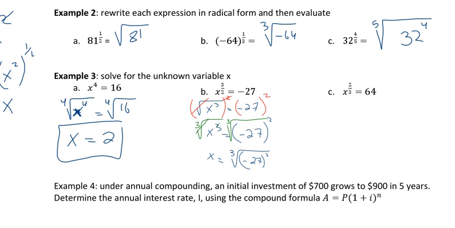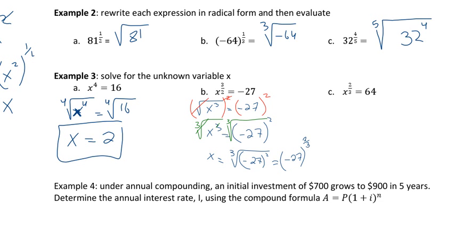Yes? Now, my question to you, can you write the cube root of negative 27 squared as a rational exponent? So can you write this as a rational exponent for me? What would it be? Negative 27 to the power of what? 2 over 3.